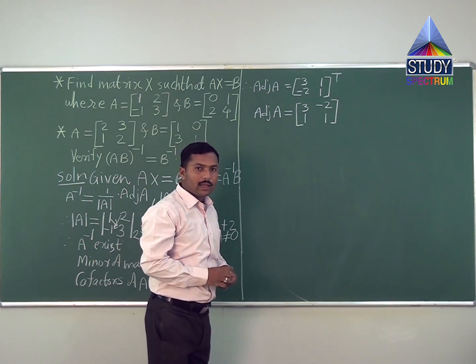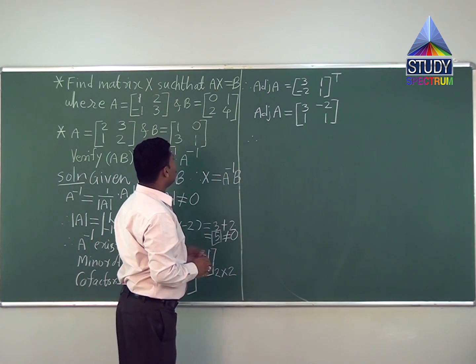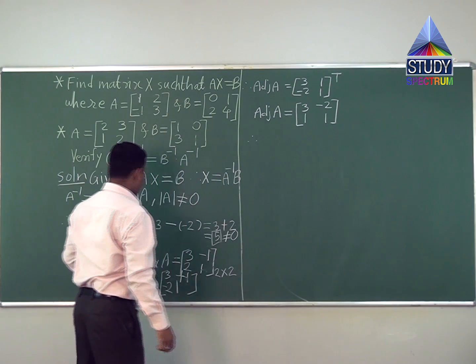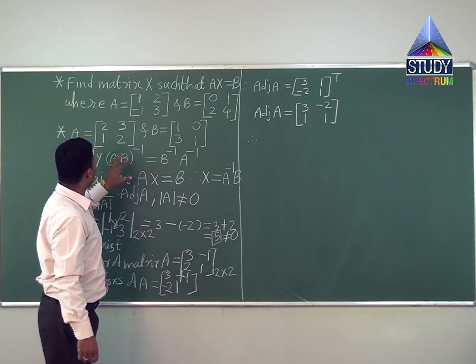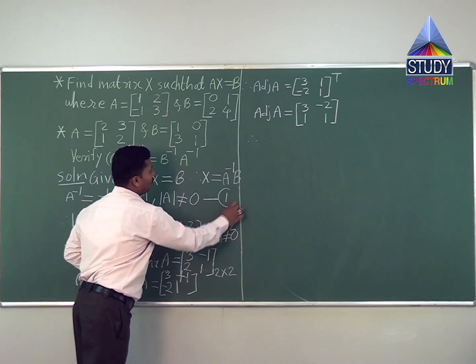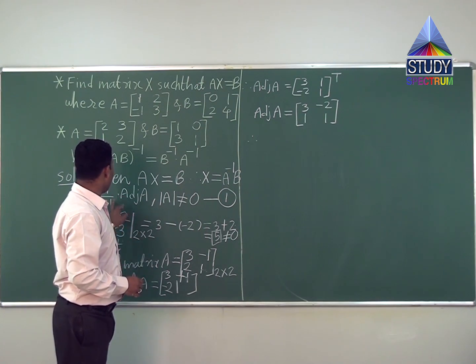Adjoint of A, and therefore by putting this value of adjoint of A and the value of determinant A equal to 5 in the formula, we find A inverse.